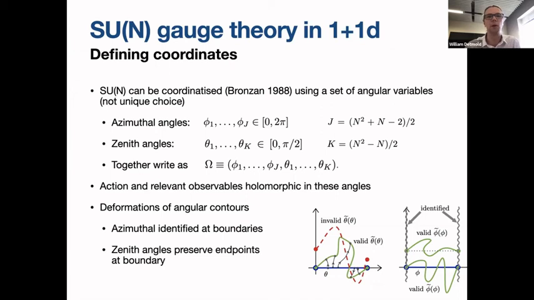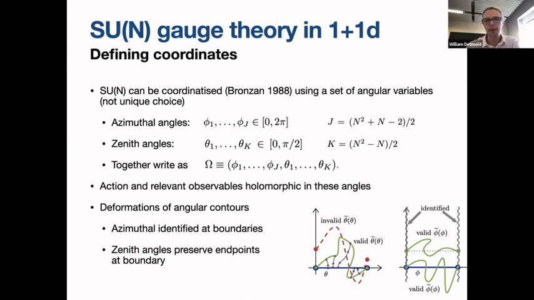Right, so there are different ways you can parameterize SUN integrations. We use one that was written down by Bronson in 1988, and this writes everything in terms of azimuthal and zenith angles, and the action and the observables that we're interested in are holomorphic in those angles.